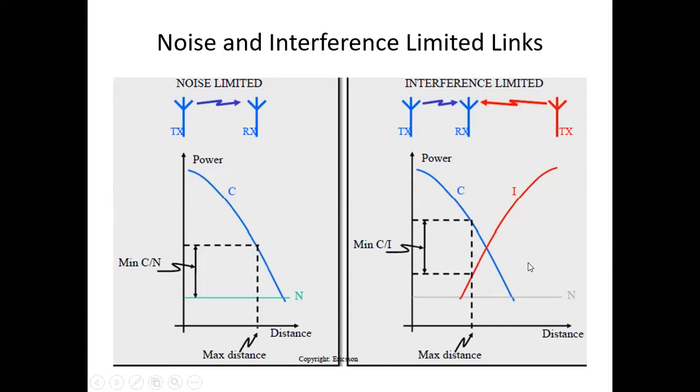So this is a baseline discussion. Here the noise is shown in a way that does not relate to practical values. The practical carrier or interference powers are much higher than the noise level.